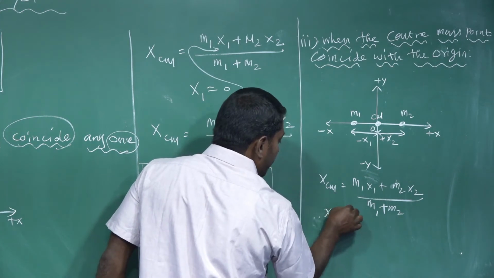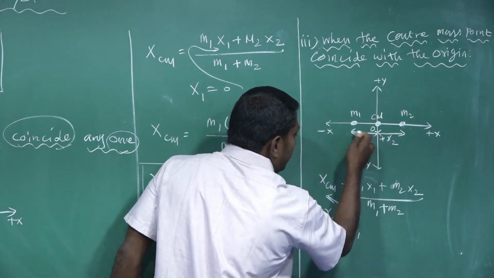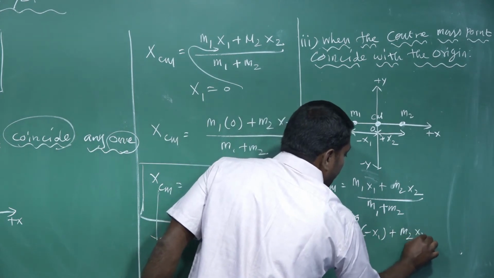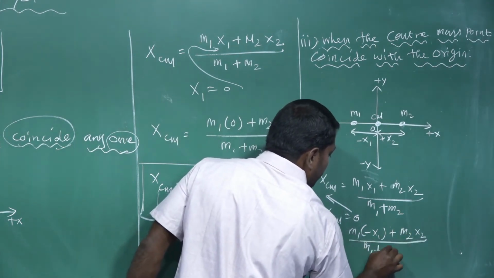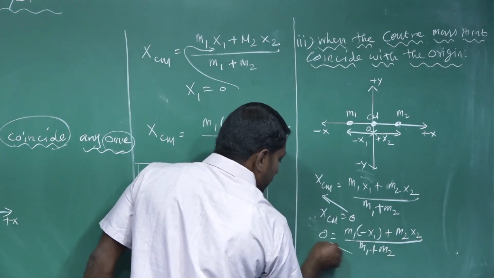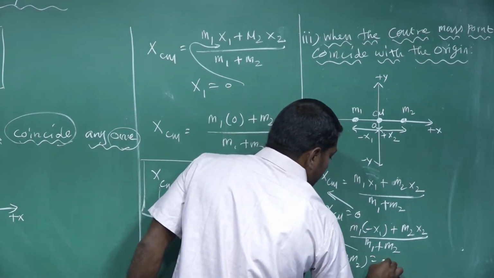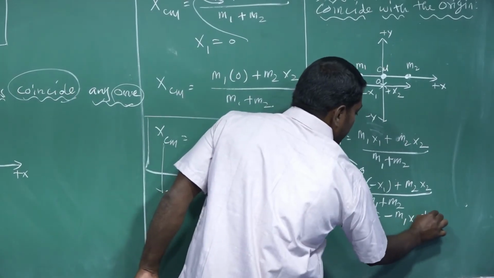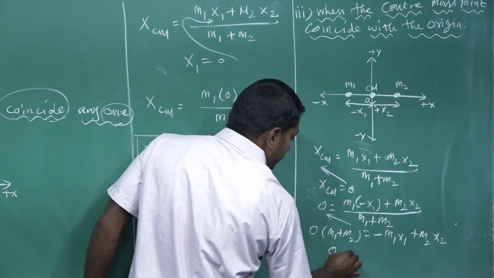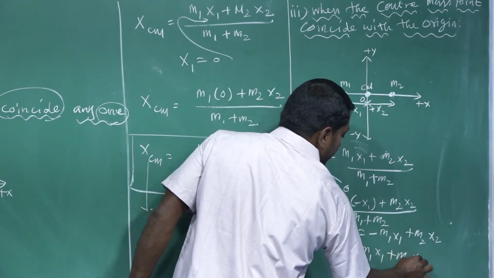So substitute here 0, which is equal to M1, x1 value is minus x1, plus M2 x2 divided by M1 plus M2. So therefore 0 multiplied with M1 plus M2 is equal to minus M1 x1 plus M2 x2. 0 multiplied with anything is 0, which is equal to minus M1 x1 plus M2 x2.